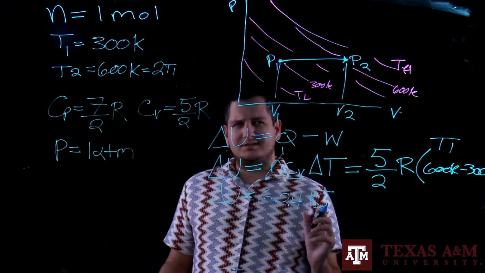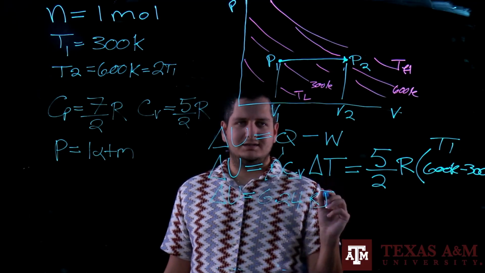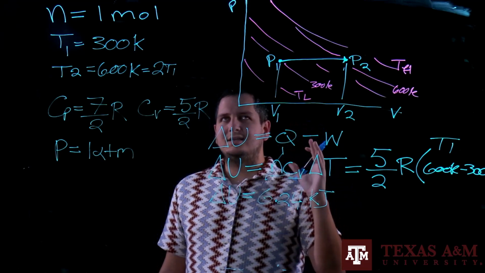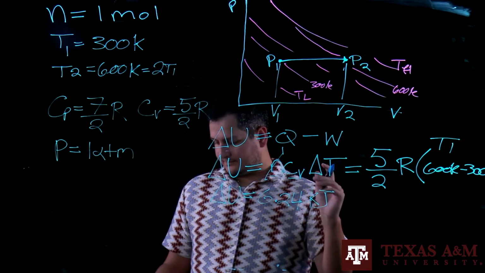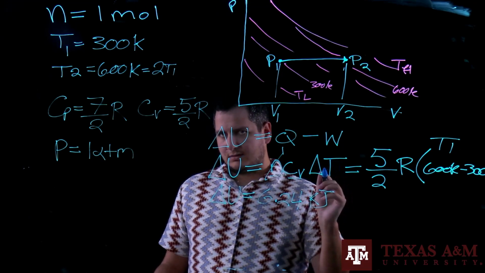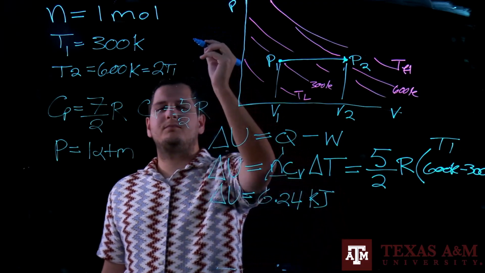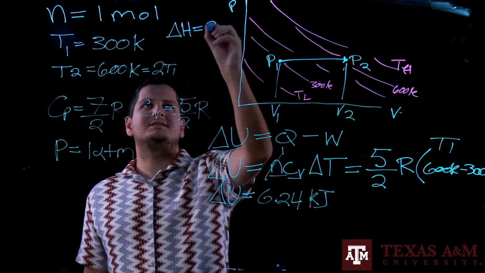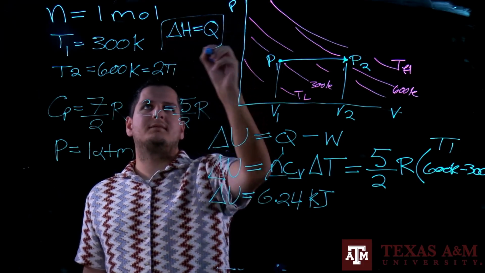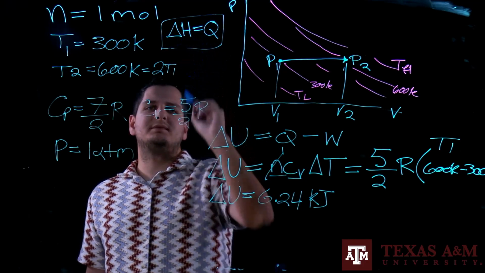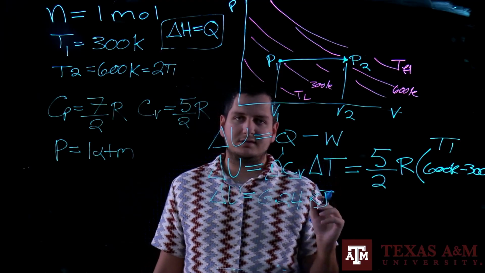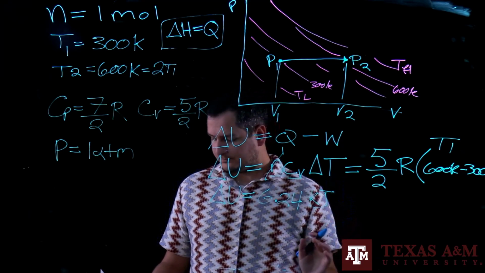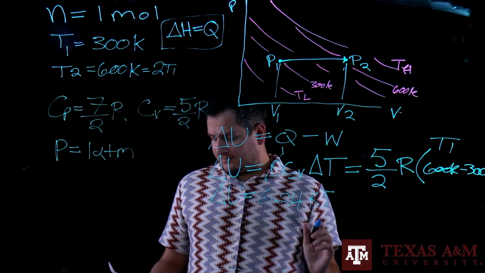So we have constant pressure. That should also set up alarm bells. In a constant pressure process, this holds, okay? So we know that the enthalpy change will be equal to the heat in or out of the system. That's constant pressure. That's why we like enthalpy. Well, how do we get enthalpy?